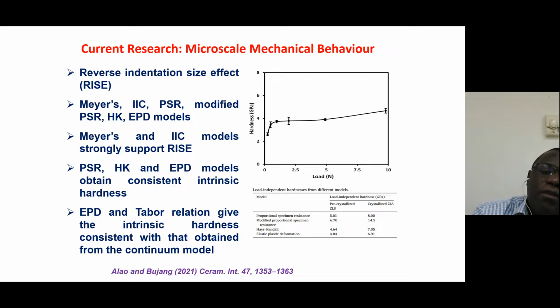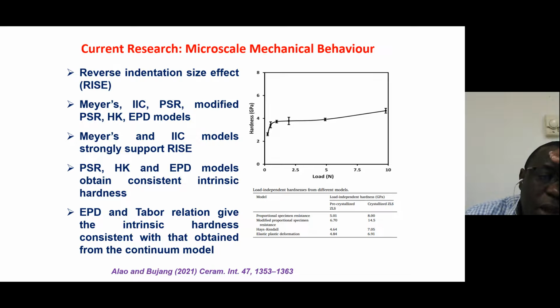Because of this, we can say the hardness of this material is dependent on the load. So it is now necessary to find the load independent hardness. So how do we now find the load independent hardness? By using some models that are available in the literature.